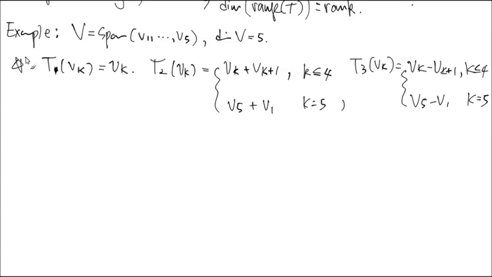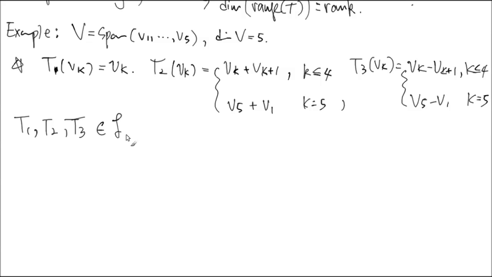The question is, if you recognize this T1, T2, T3, inside what vector space are they sitting?